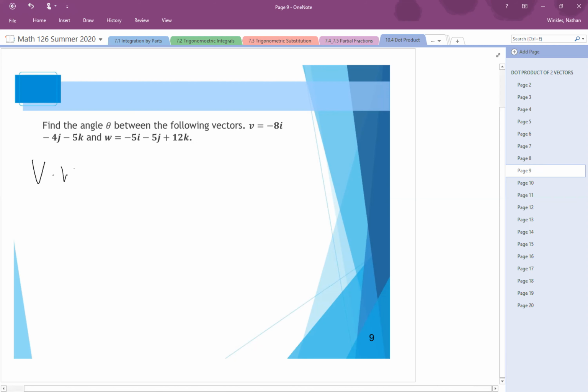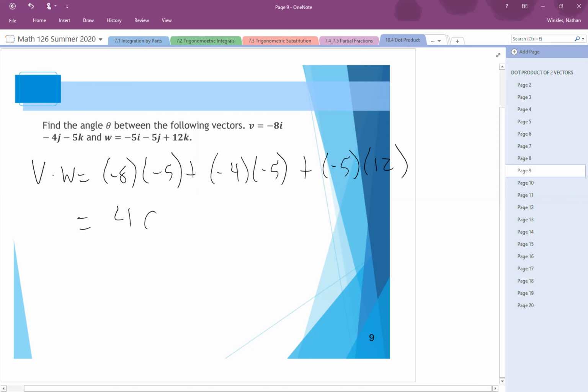So v dot w is negative 8 times negative 5 plus negative 4 times negative 5 plus negative 5 times 12. 40 plus 20 minus 60 gives us 0. So since our dot product is 0, that means they're orthogonal.